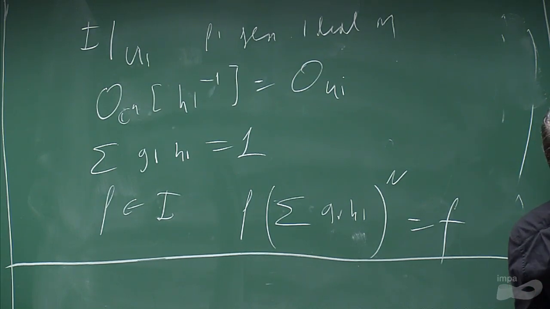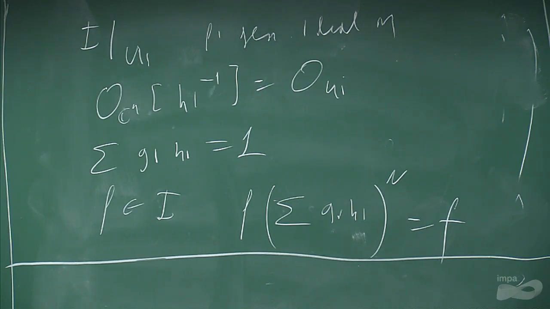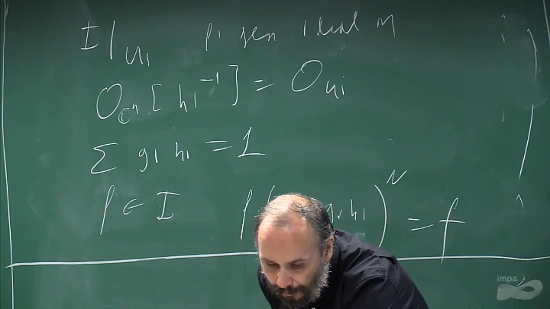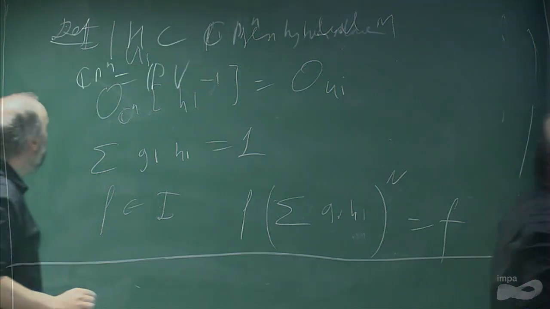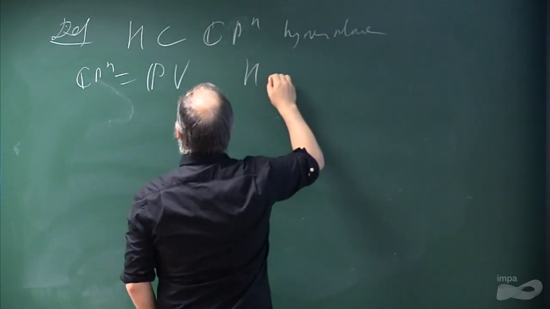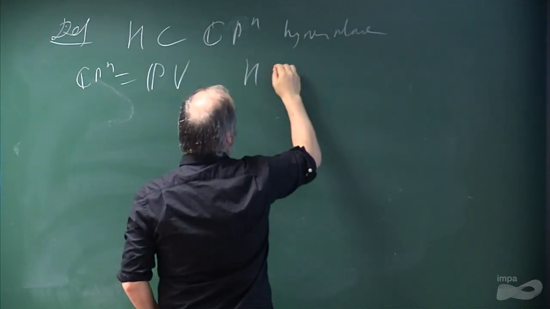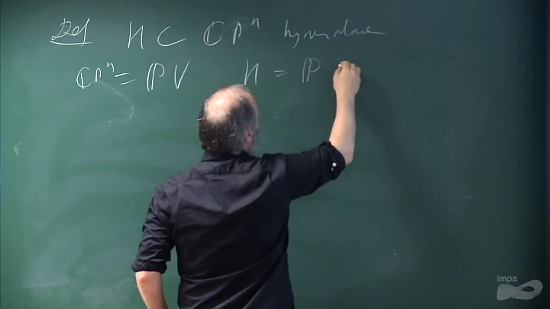So definition, H inside CP^N, hyperplane, which corresponds, so you have CP^N, projectivization of V, and H is projectivization of the hyperplane.